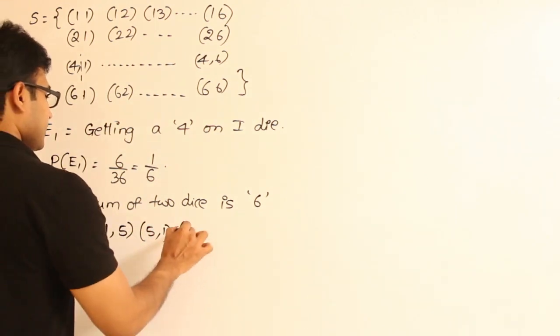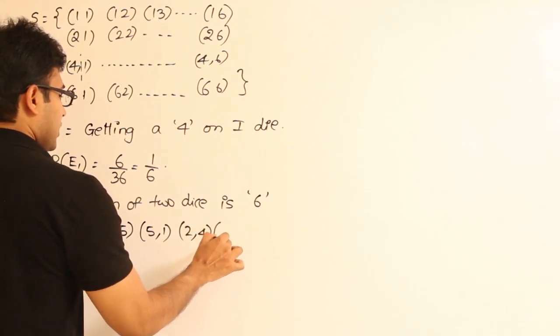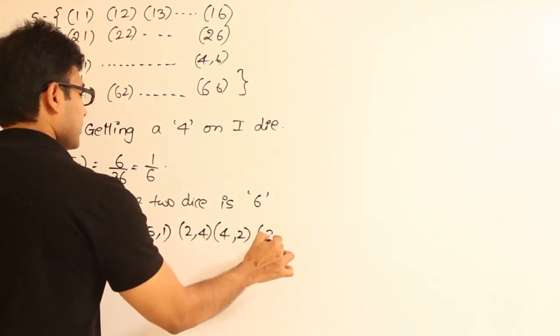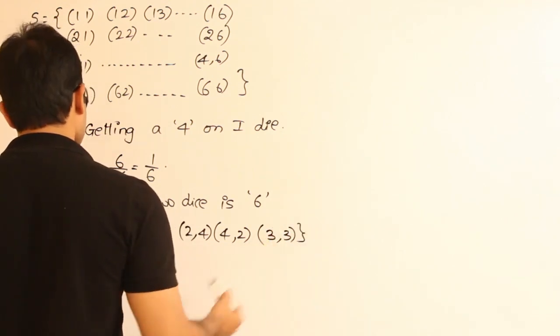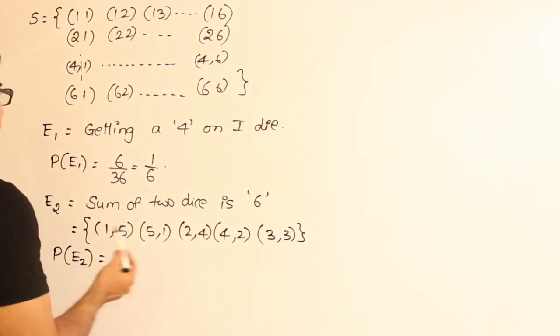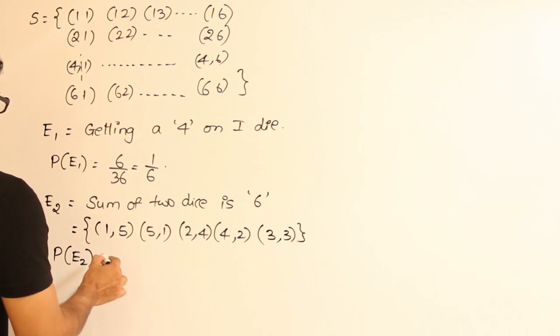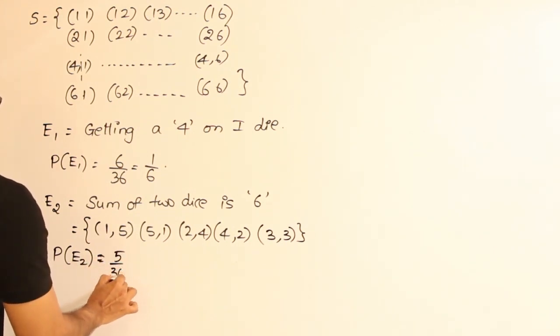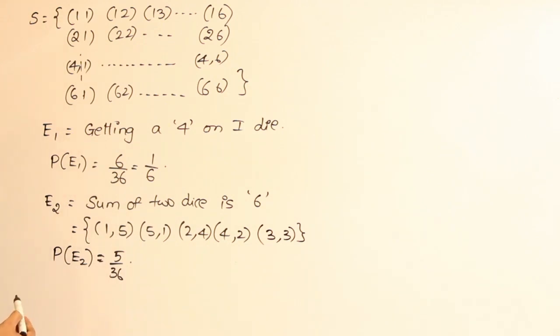And similarly 2 comma 4 and 4 comma 2, and similarly 3 comma 3. Therefore, what is the probability of E2? It turned out to be 5 by 36, isn't it?